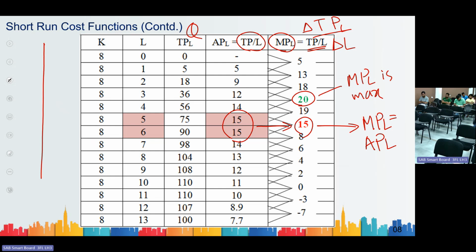Those curves look like this. Labor on the horizontal axis, APL, MPL on the vertical axis. This is MPL.